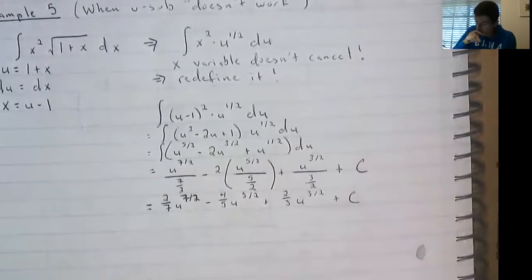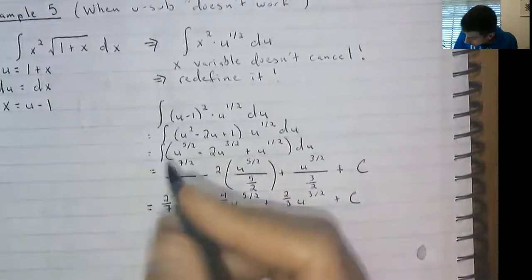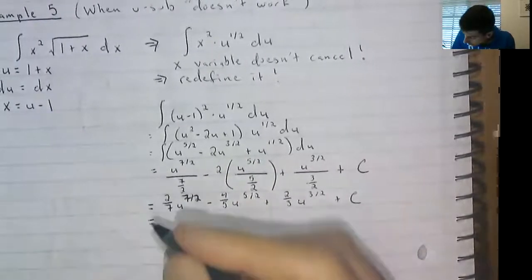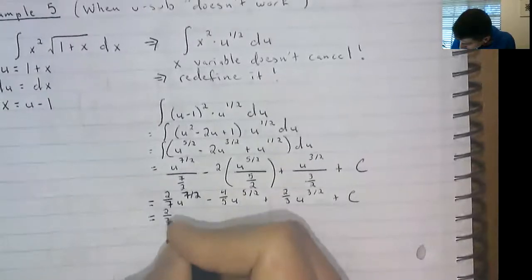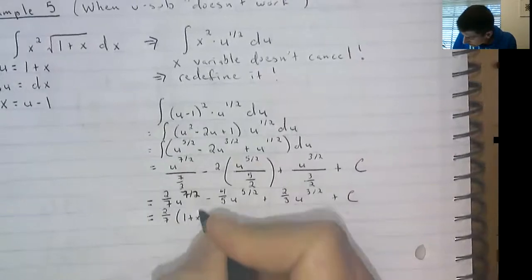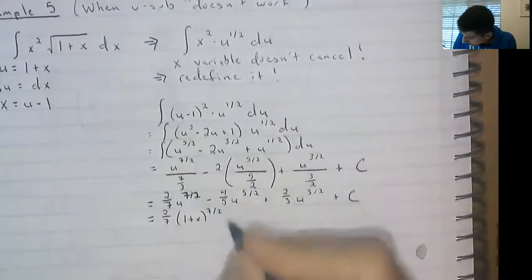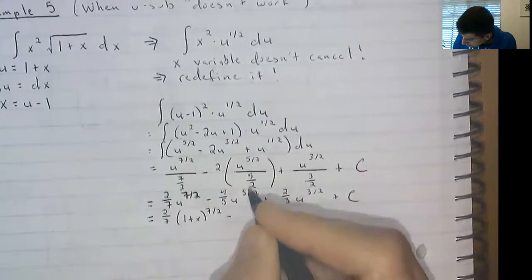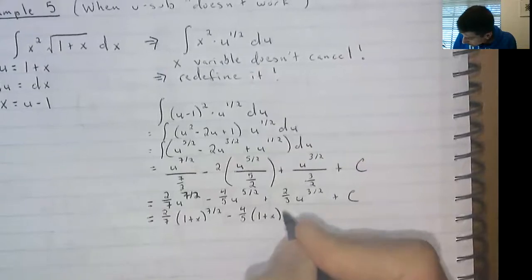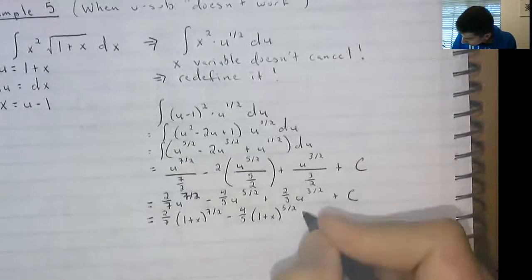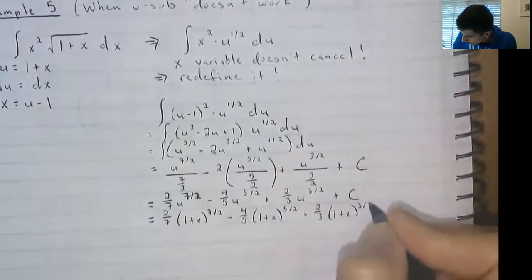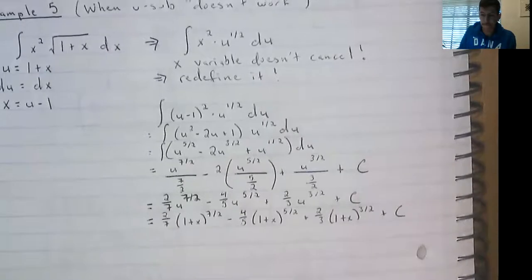And then bringing it on home, we need to sub back in for u. So we get 2/7, u was 1 plus x, to the 7/2, minus 4/5 (1 plus x) to the 5/2 plus 2/3 (1 plus x) to the 3/2 plus c.